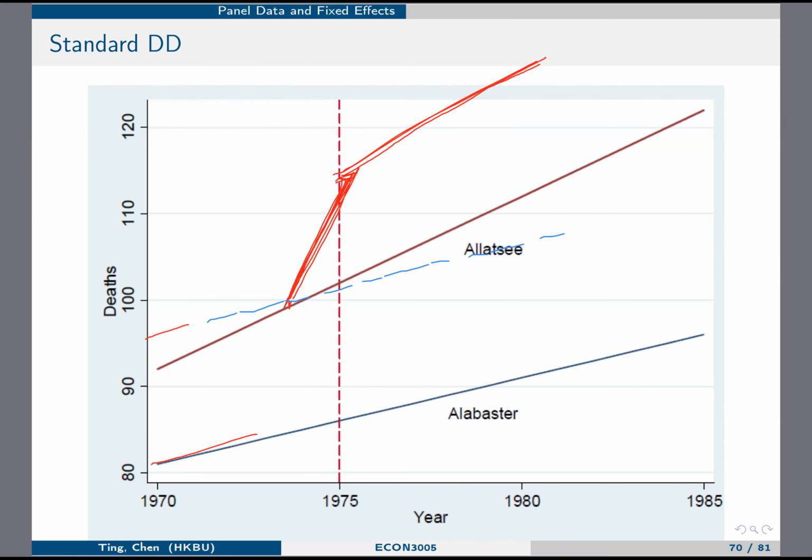Oh, sorry. Because the treatment is at this particular point, I draw it here. So this is a parallel line. Okay.